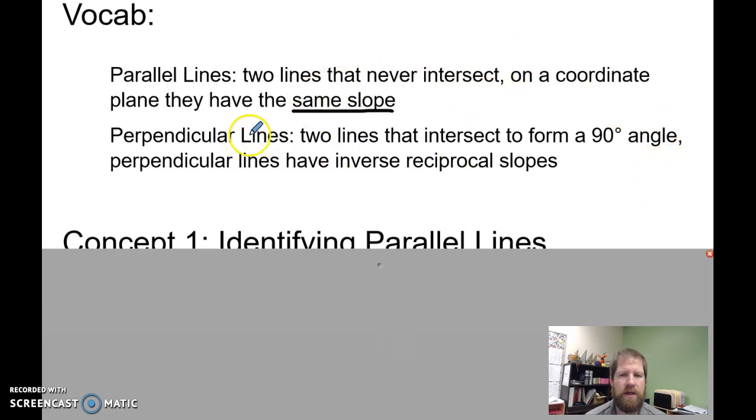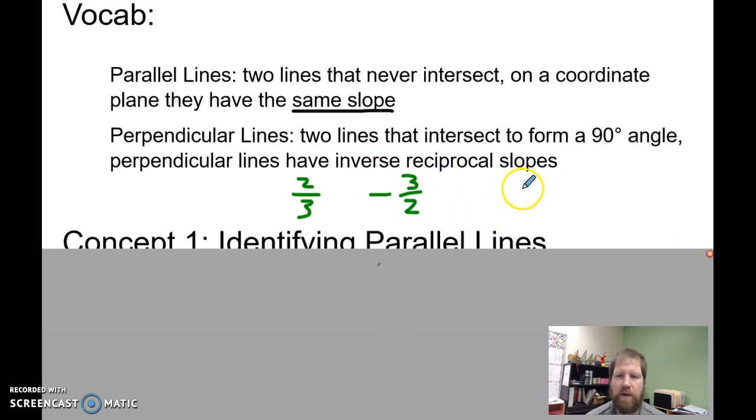All right, perpendicular lines: two lines that intersect to form a 90-degree angle. And on a coordinate plane or in an equation, perpendicular lines have inverse reciprocal slopes. That means that if the slope of my first line is 2/3, the slope of my second line is going to be negative, the inverse, and then the reciprocal, or 3/2.